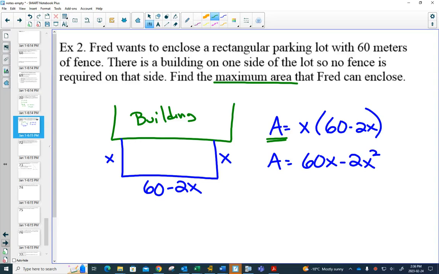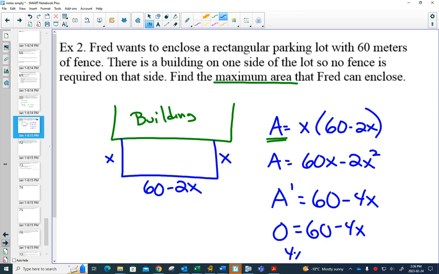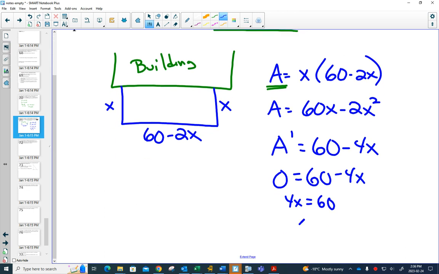Once we've got our area formula, if we find our derivative, set it equal to 0, and solve, we get x is equal to 15.